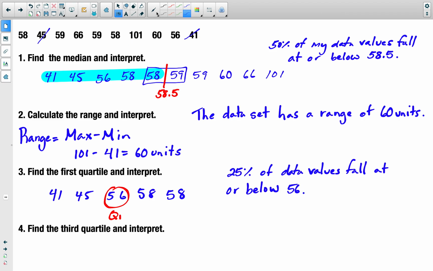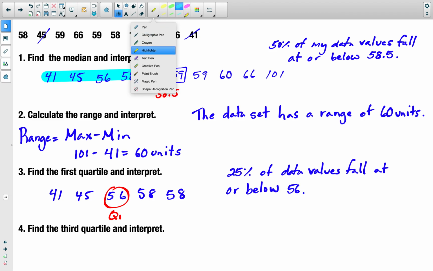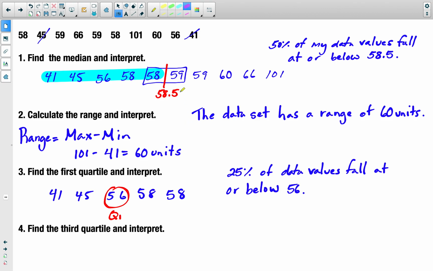Okay, now I'm going to highlight my second half of my data set in a pinkish color. Now, if I find the median of the second half of my data set, that's quartile 3.